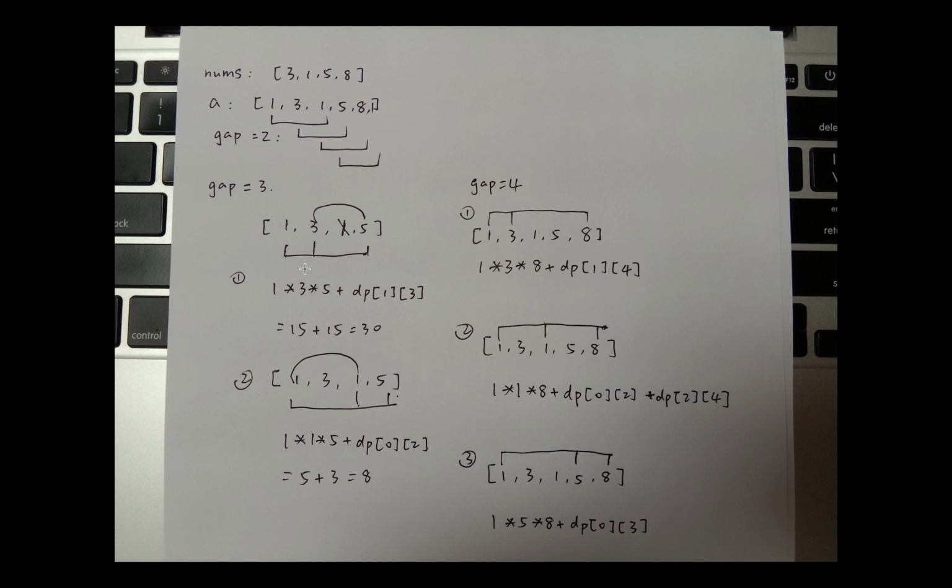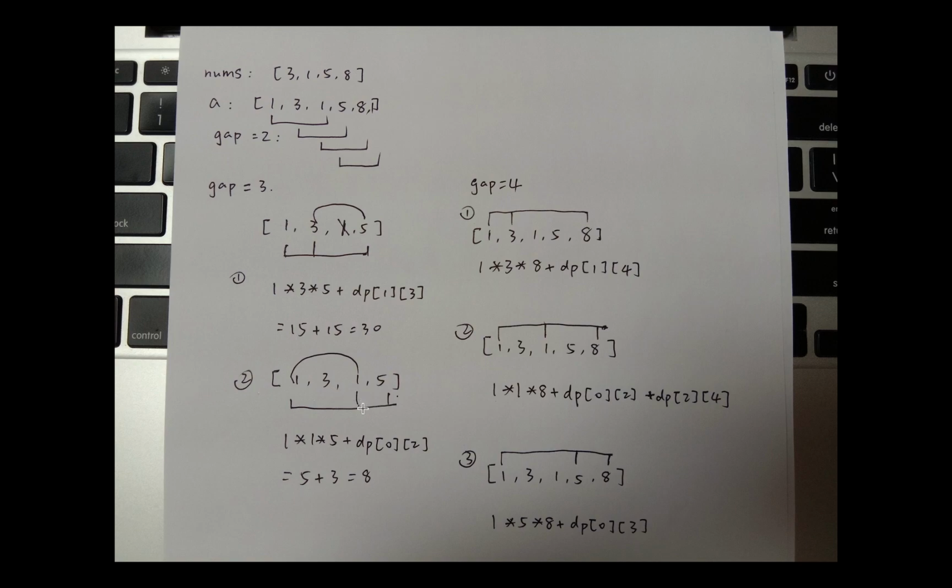As every time we just use 3 values to multiply, when we make the left and the right fixed, like left is this 1 and the right is this 5, we can pick this 3. So currently the coins we can get is 1 times 3 times 5, and we add the sub-problem, which is dp[1][3]. This is the max coins we can collect by bursting from index 1 to index 3.